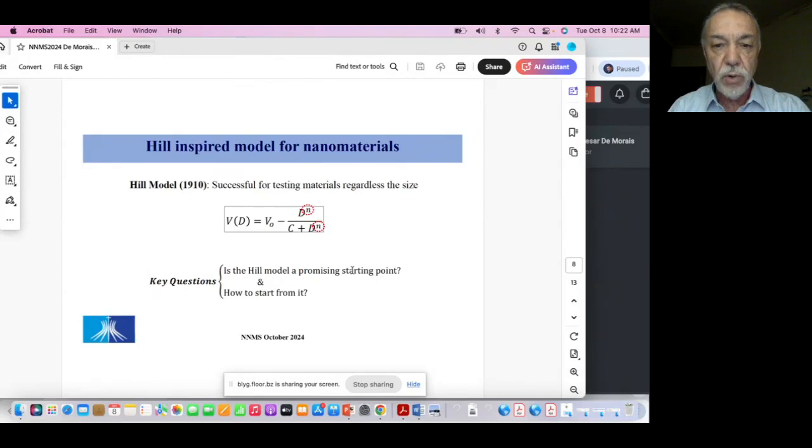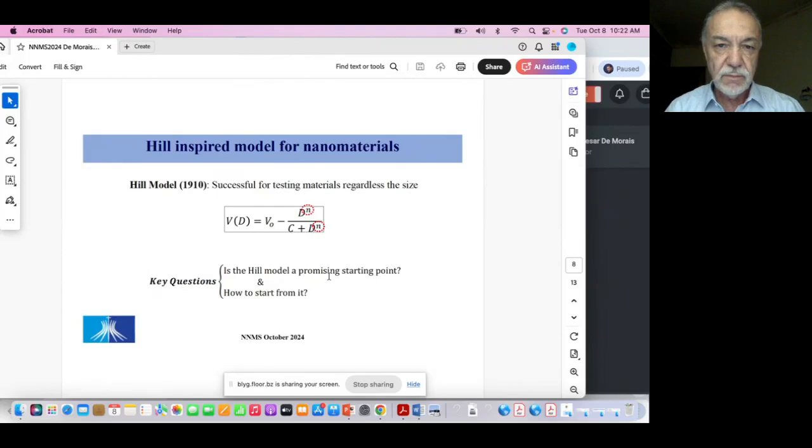So the first important question is: is the standard Hill model a promising starting point to include the nanomaterial's morphology? And the second point, if the Hill model is a good starting point, how to start from it?